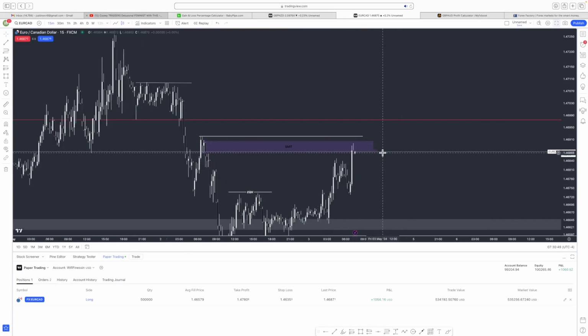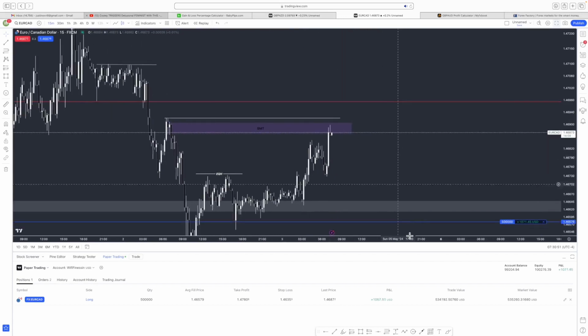If price reacts off of this, it'll probably come down. It went up, and it'll probably come down, mitigate this imbalance, or even tap into this order block right here.